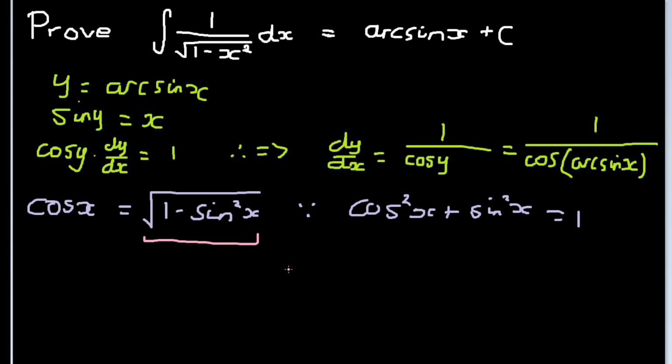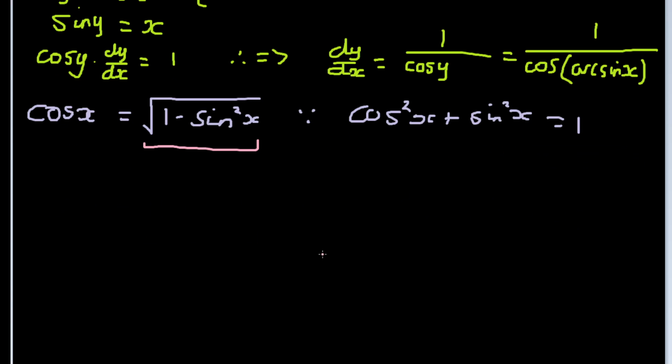But this is true if we plot the function in question. We're plotting this square root here. We're going to get something that looks like this. It's basically the absolute value of cosine x.